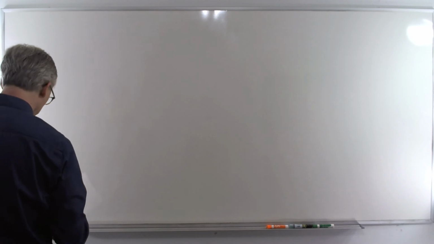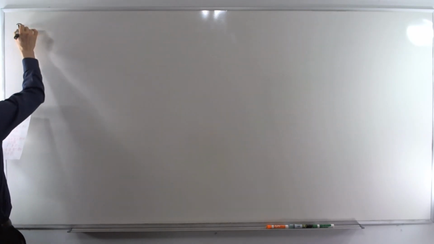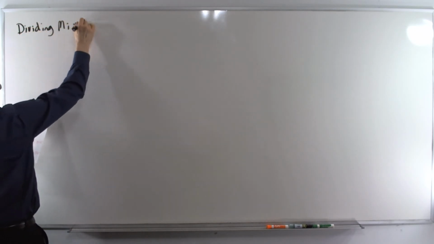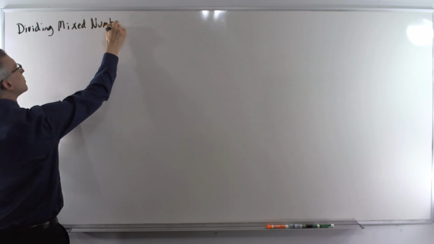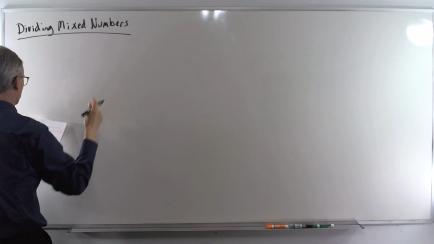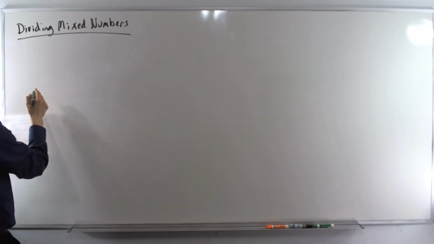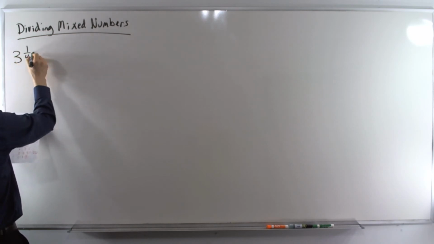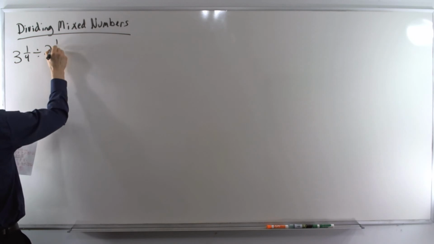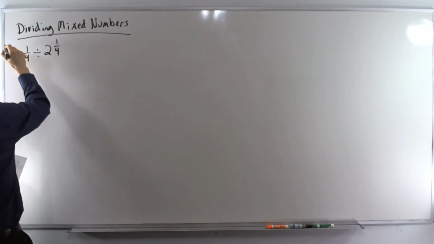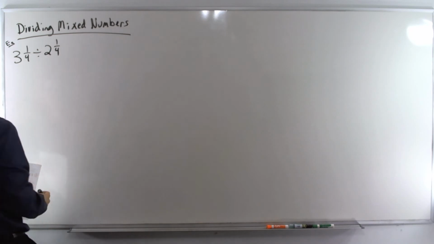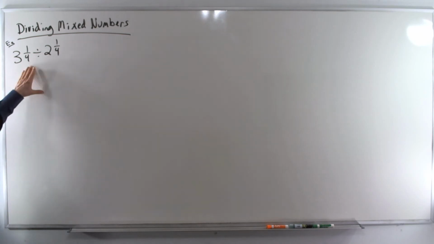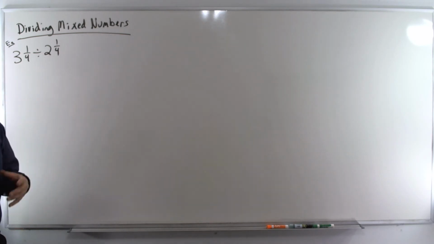Next up, we're going to include mixed numbers. When doing any operation with fractions, we have to first convert to improper fractions.